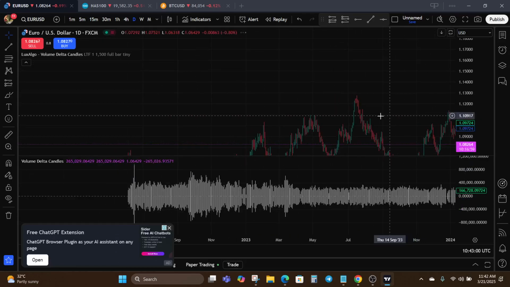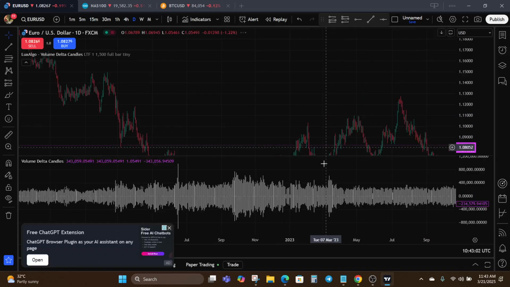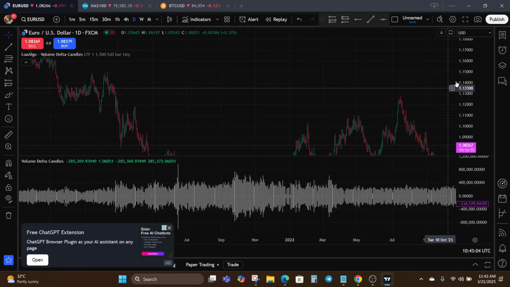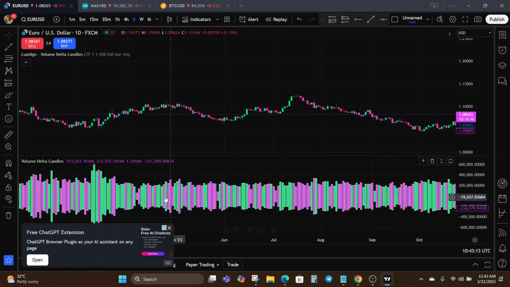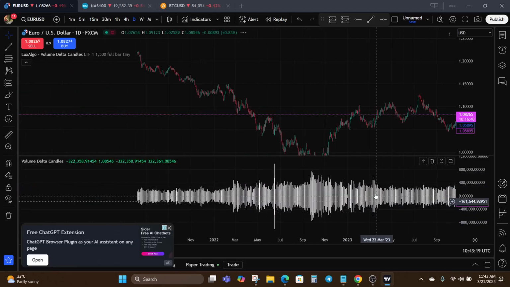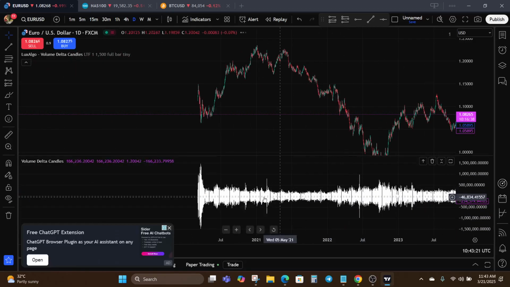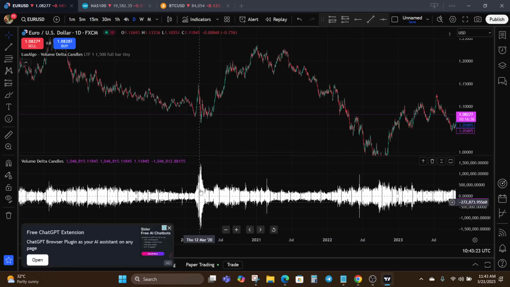So you will see that there are times when these bars shoot to the top, and there are times when they shoot to the bottom. But you see that most of the time it is fluctuating within kind of a fixed zone, though there are times when you will notice an aggressive shoot.